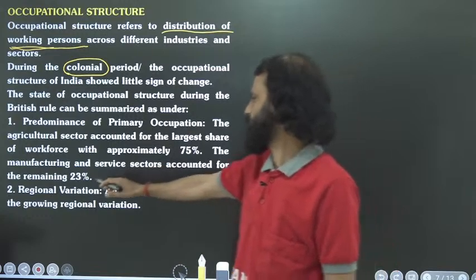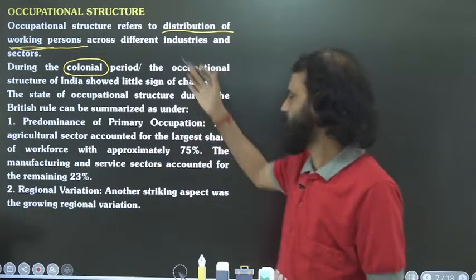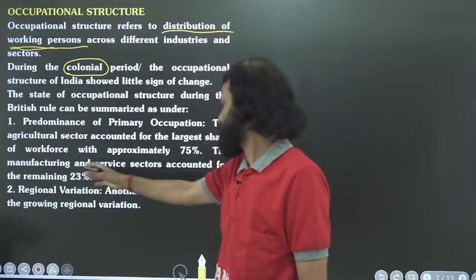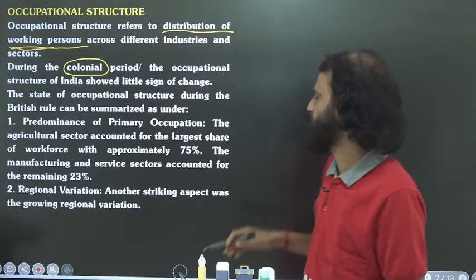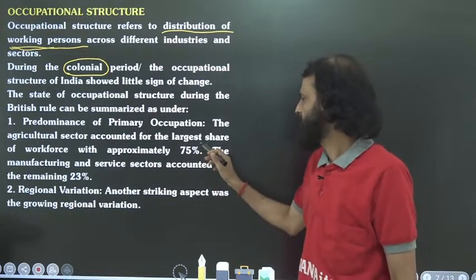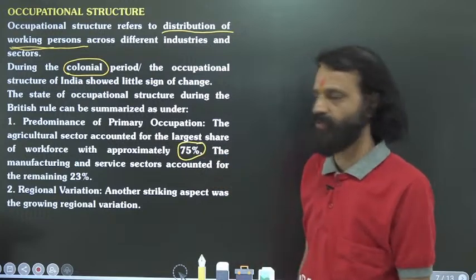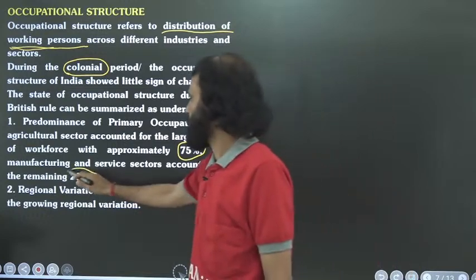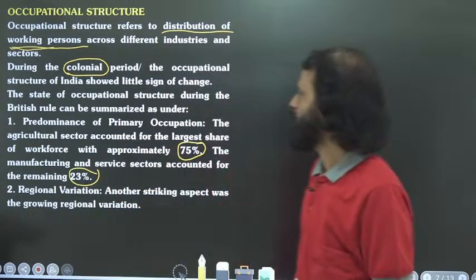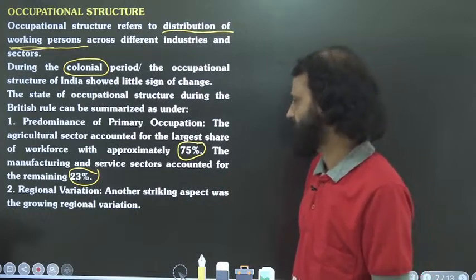Only a very small percentage was in the manufacturing sector. The majority of people were engaged in agriculture, and only 23% worked in the industrial and other sectors.